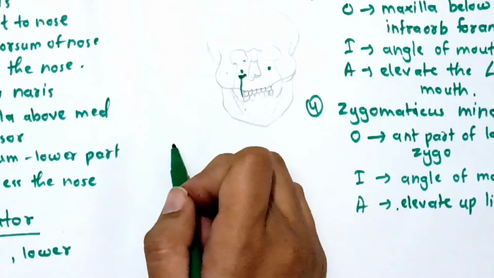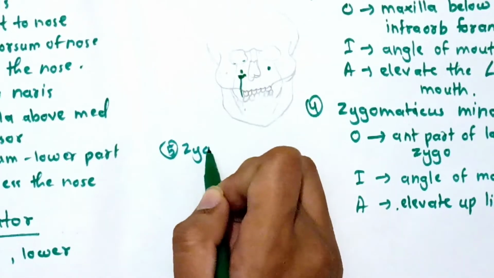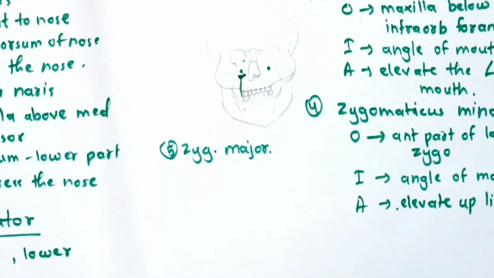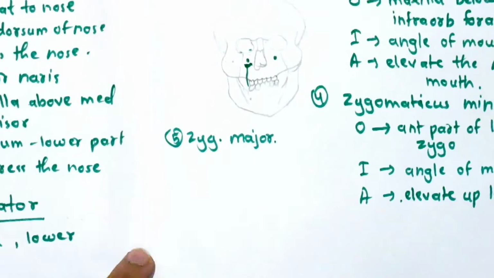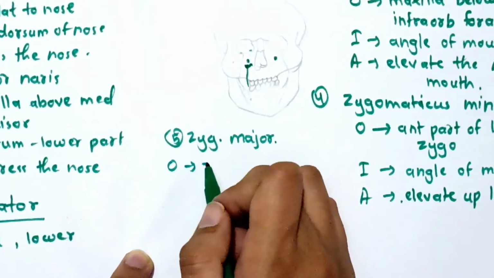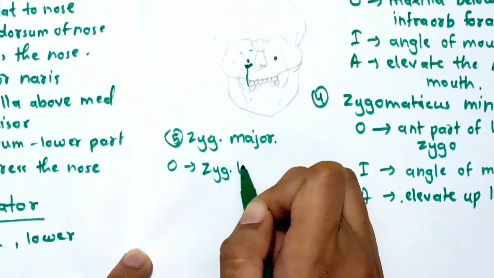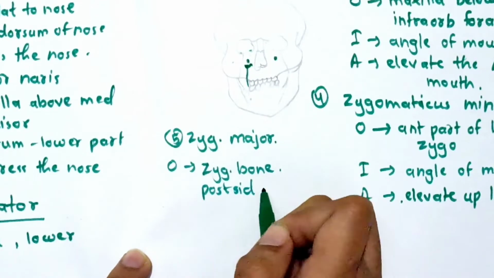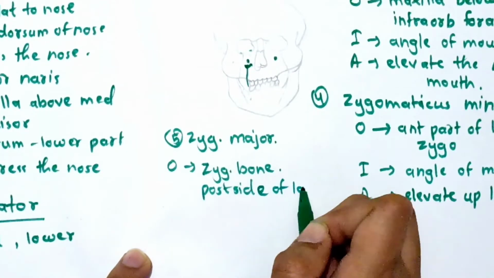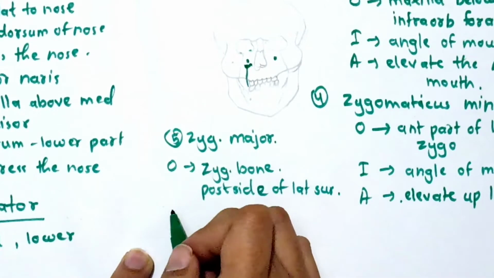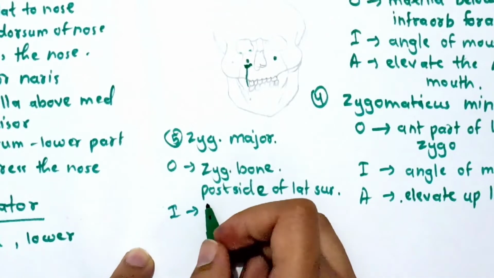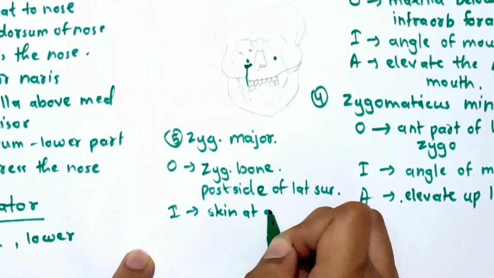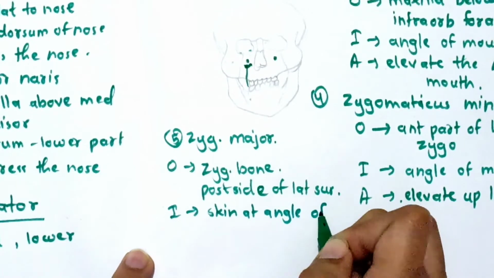Now next one is zygomaticus major. There are two zygomatic muscles, one is minor, one is major. So again its origin is also on the zygomatic bone on the posterior side of lateral surface, and insertion is on the skin at angle of mouth.